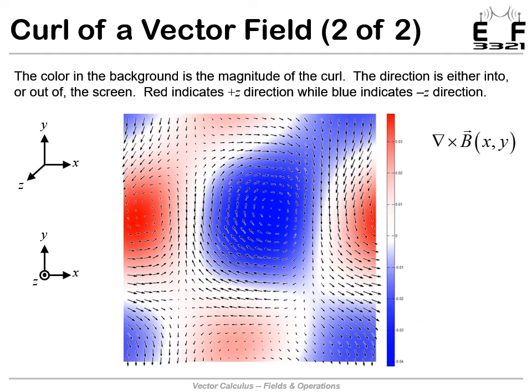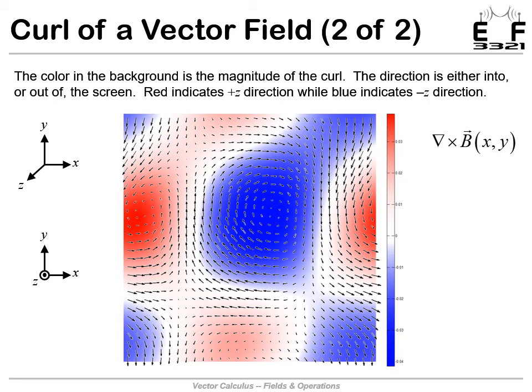Here we can only see the magnitude of the curl, but because our original vector field is completely in the plane of the screen, that means the direction of the curl is completely perpendicular to the screen. The red areas indicate the direction of curl coming out of the screen toward us, and the blue areas, it's going into the screen away from us.